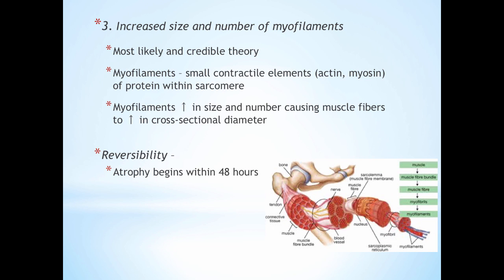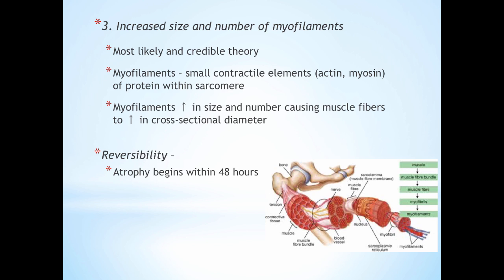And then the third, which is most likely the answer as for hypertrophy, is increase in size and number of myofilaments. So you know that the muscle kind of looks like a cord wrapped by a number of cords, which is wrapped by a number of cords, which is wrapped by a number of cords and wrapped into a big muscle.